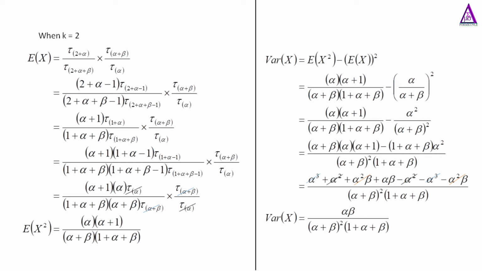And that's the reason why we have the first equation here to be equal to gamma subscript 2 plus alpha divided by gamma subscript 2 plus alpha plus beta multiplied by gamma subscript alpha plus beta divided by gamma subscript alpha.